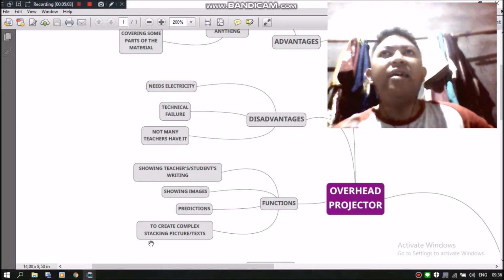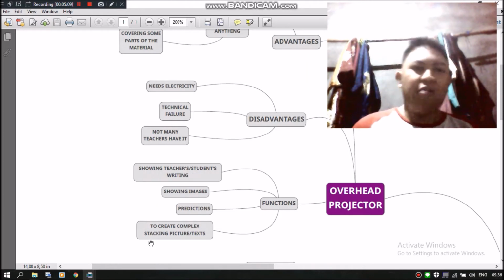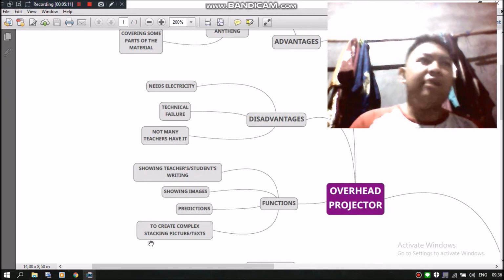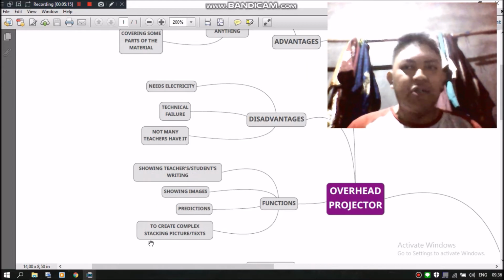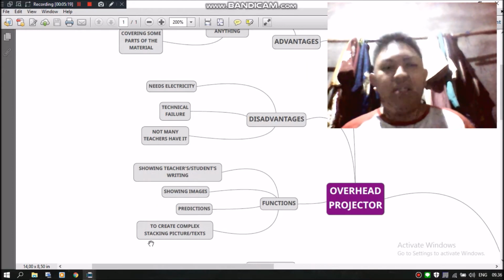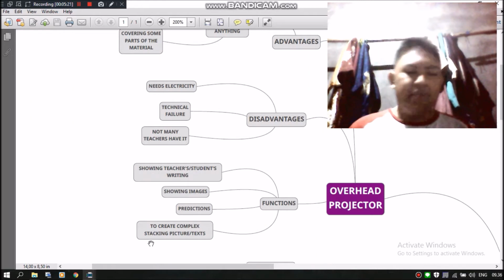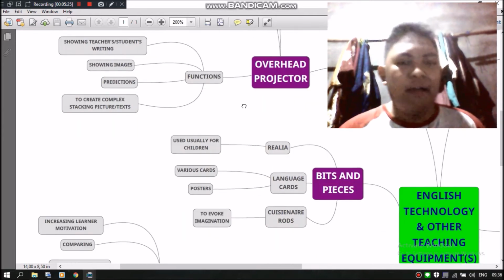You already have some kind of text, but some of it are blank, and if you want to answer it, you can stack the word that you want on top of the text question that you already placed. So you can stack pictures on top of each other.